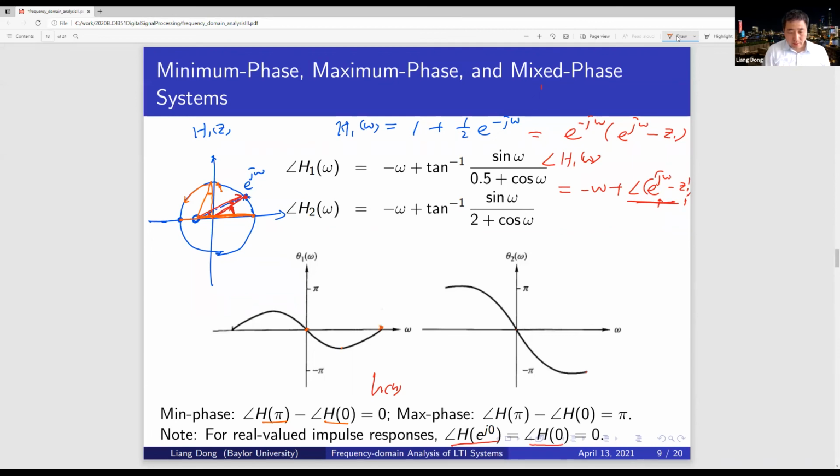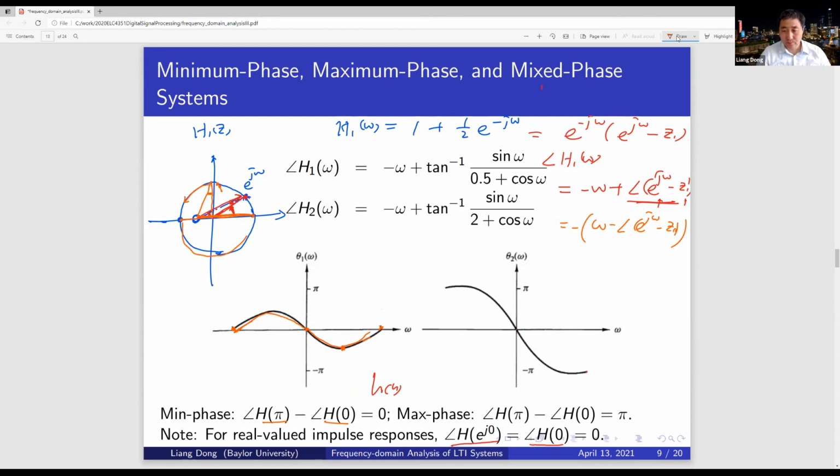Now in the middle, when omega is positive, we have this angle and everything is a negative sign, because that's negative omega subtract the angle between e to the power j omega and Z1. So everything is negative. Similarly, if I travel on the other side of this unit circle, I got a positive result. And then if we go back to negative pi, it will deform onto 0. So indeed, the phase should look like that.